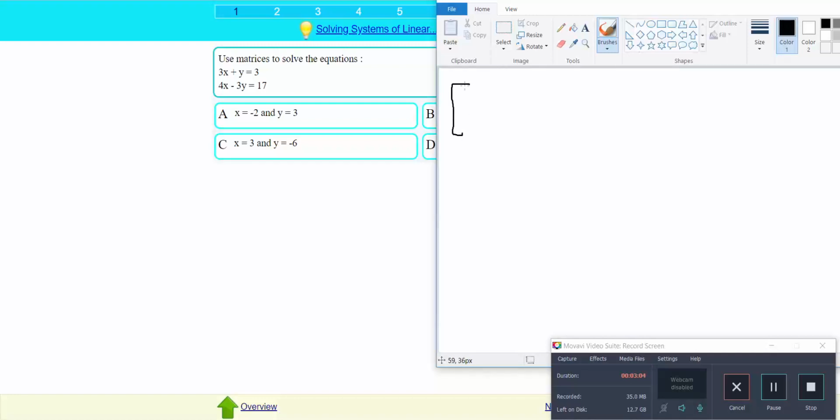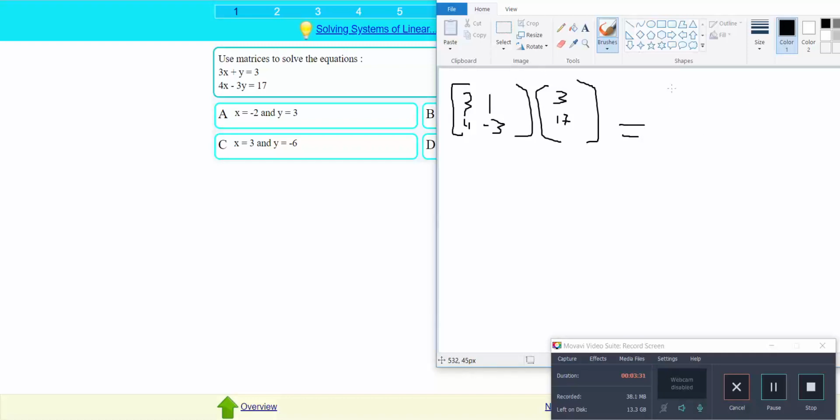So we have 3 and 4. We have 1 and minus 3 like this. And then we have the x and y's. We have 3 and 17. So in this case, we've got 2 columns and 2 rows, which is fine.